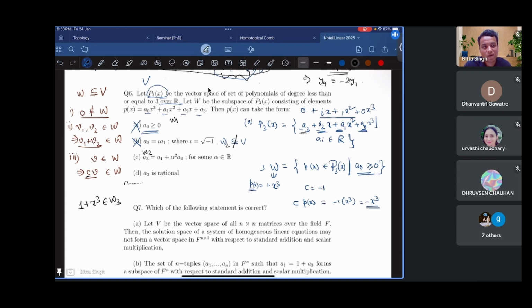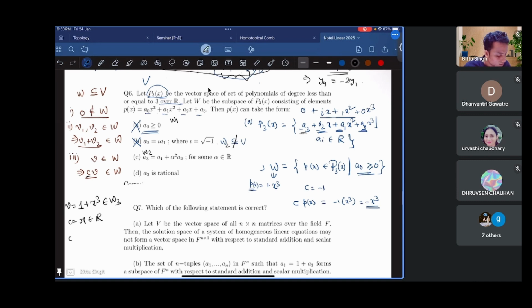Here the scalar field is real numbers. So take your favorite real number, for example, you can choose pi. Pi belongs to real. So this is the scalar, and this is your given vector V.